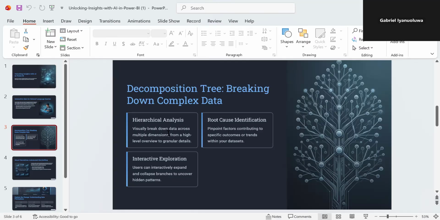Can you see that we are moving up and down to see the cause of the low sales or low profit across different regions? That is the whole essence of working with the decomposition tree. It's a part of the AI integrated by Microsoft with Power BI to make our work more flexible and also more compelling.